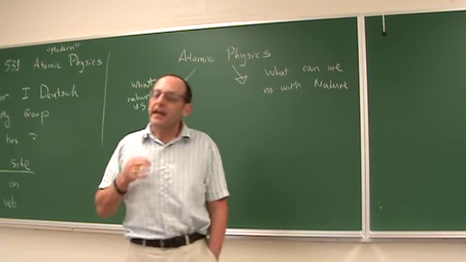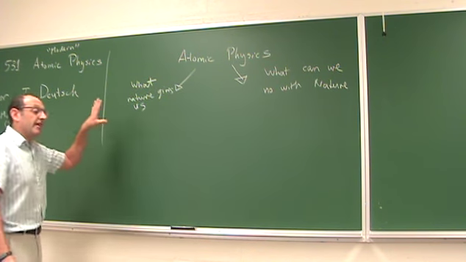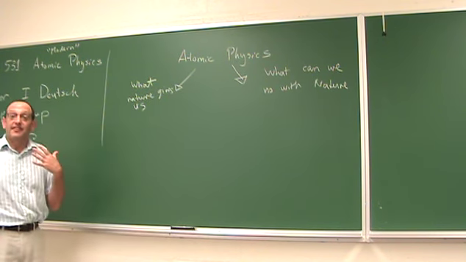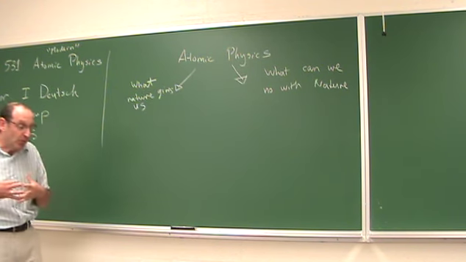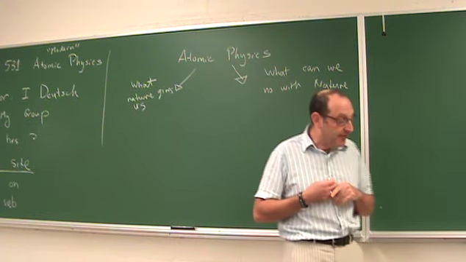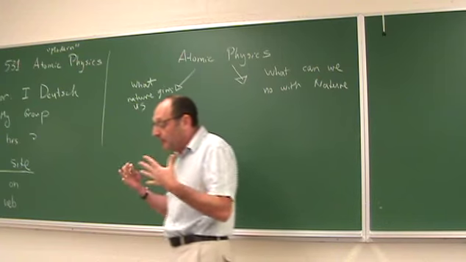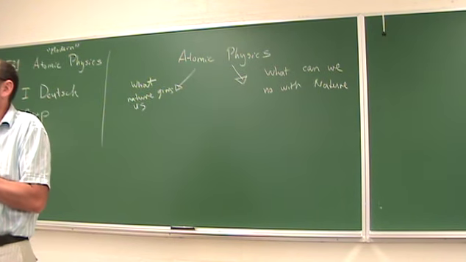And at some level, this dichotomy appears within the AMO physics community. There's a big part of course, atomic physics was understanding what atoms were, at the end of the 19th century, beginning of the 20th century, and that is what gave birth to quantum mechanics.